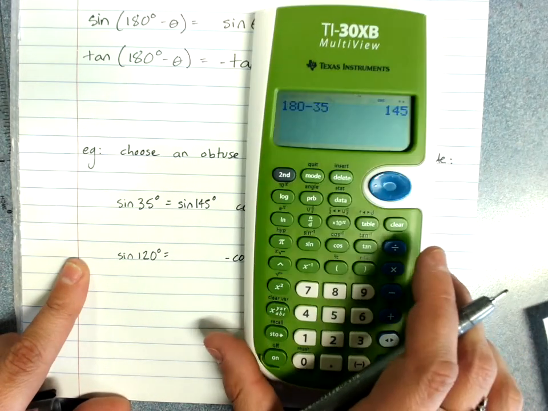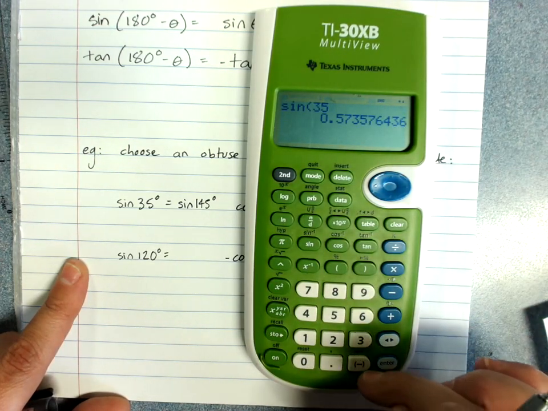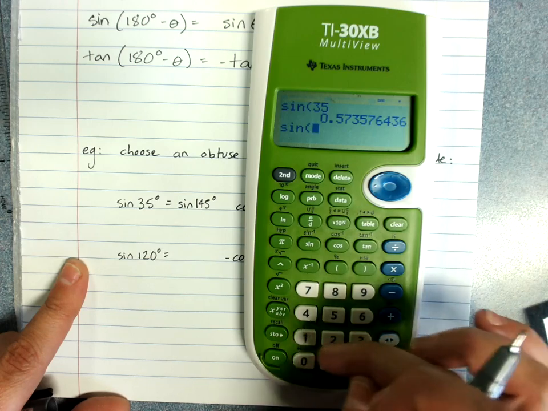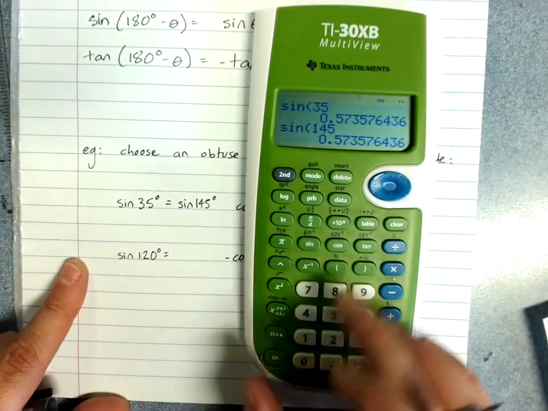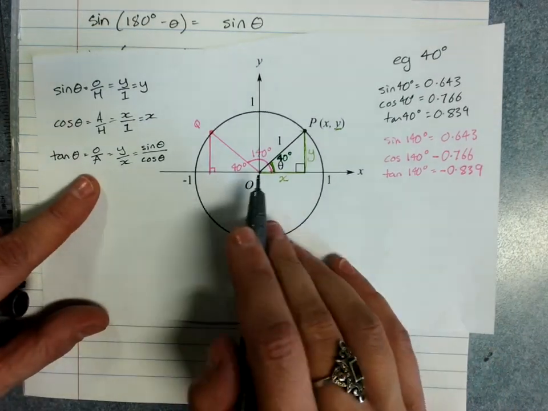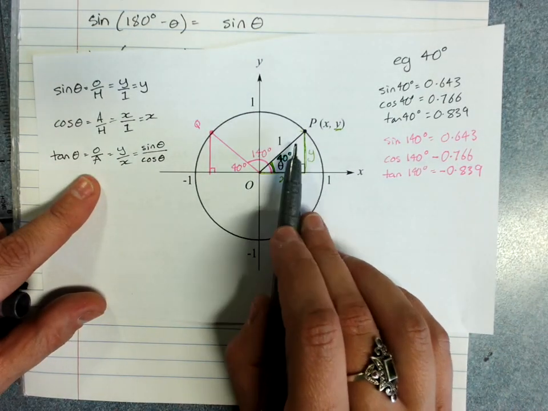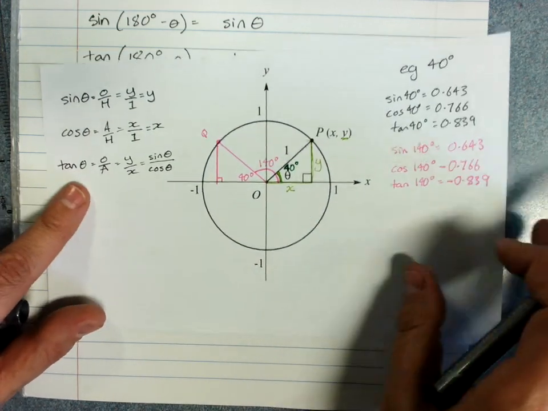If you want to check it with your calculator, sine of 35, sine of 145, they're the same. Because they're supplementary and they'll come to the same point on the y-axis.